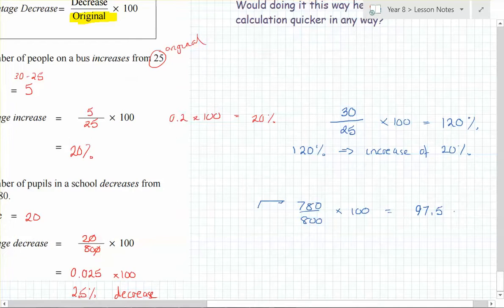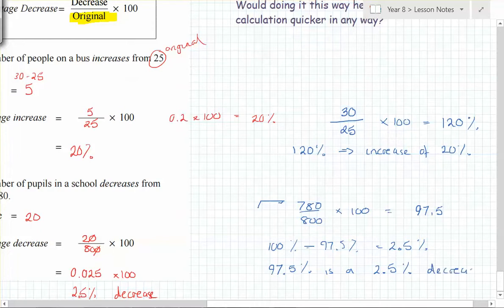What do you notice? What's the link coming? It's 2.5 less than 100. Yeah, exactly. 100% minus the 97.5% that we got will leave us with 2.5%. So we know that 97.5% is a 2.5% decrease.